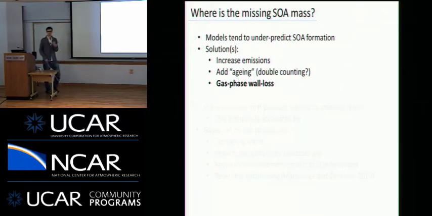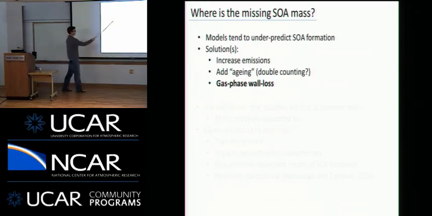So I want to think about how good are our measurements, and reminding ourselves that models, regional scale models, do tend to underpredict SOA formation. So what are some of the solutions that have been proposed? Well, one is to increase emissions of either stuff we know about or add new things to our model and make more mass out of new things.